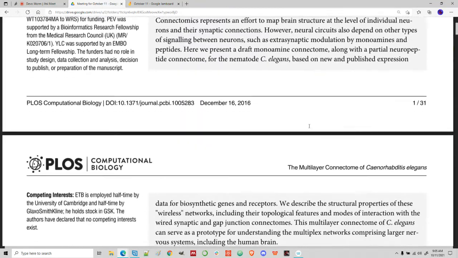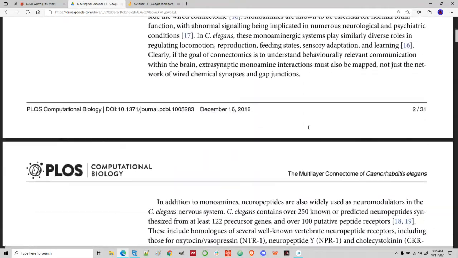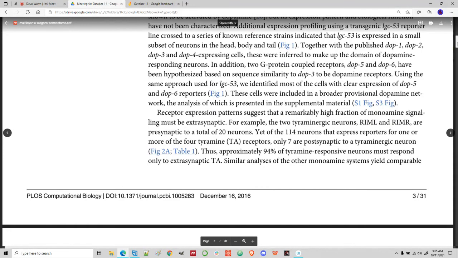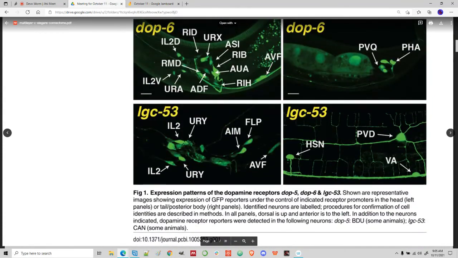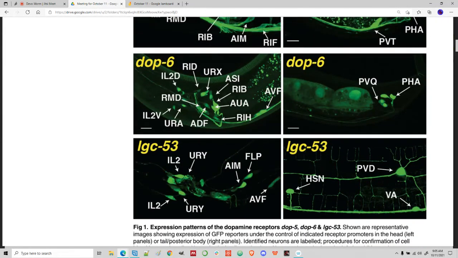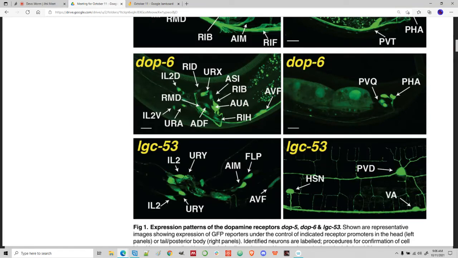So let's see if they have any images here for this. Now they talk about these networks, and I think we've seen the C. elegans connectome, but this is kind of an idea of what we're dealing with here. So these are the expression patterns of dopamine receptors in the C. elegans, images of an adult worm.